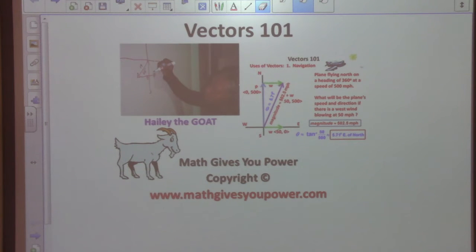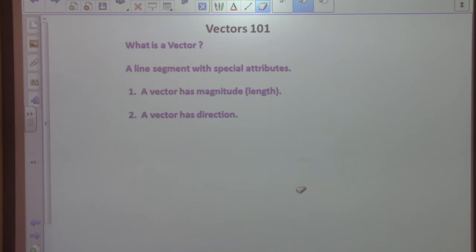Anyway, we're going to be working on vectors starting today. Basically, to start out, the question is asked, what is a vector? A vector is a line segment with special attributes. A vector has magnitude, and a vector has direction.